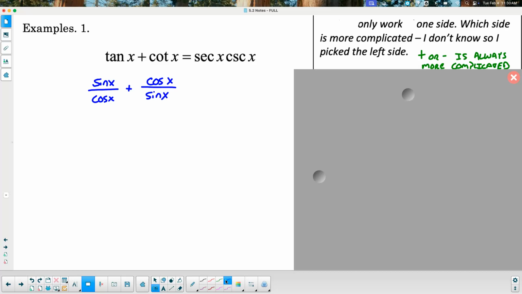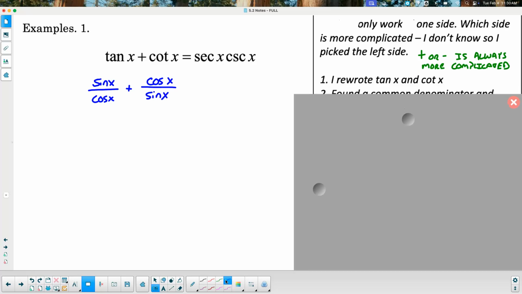Okay. Then what? Oh, you've got to get the denominator the same. So common denominator? Okay, what is my common denominator going to be? Cosine, sine.